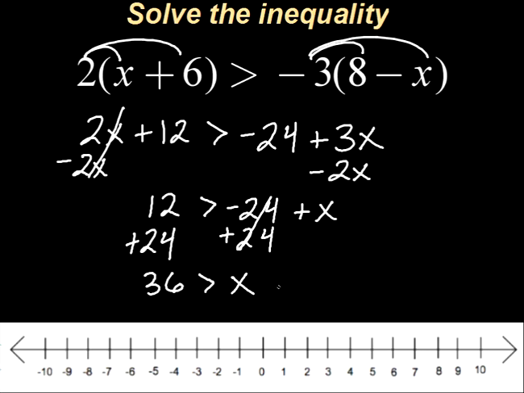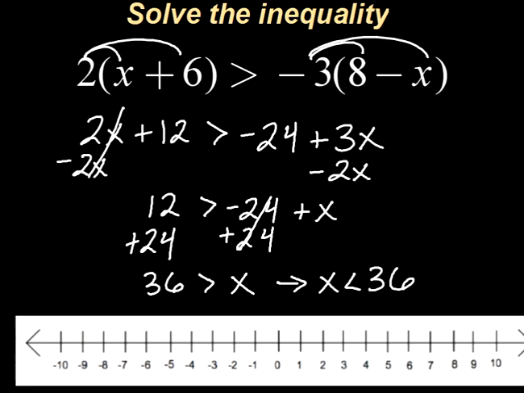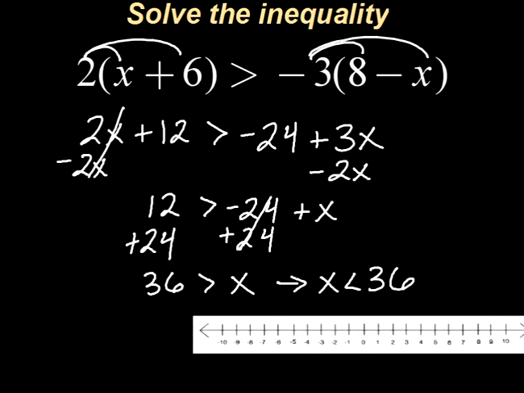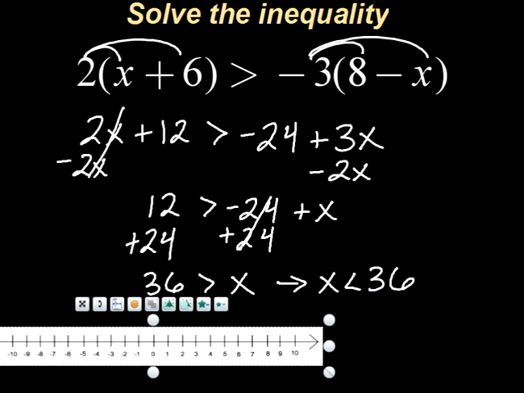To graph this, we can flip this x around first to give us x is less than 36, so we know how to draw the arrows. Since 36 is not on our number line, we will improvise. I'll slide this down.